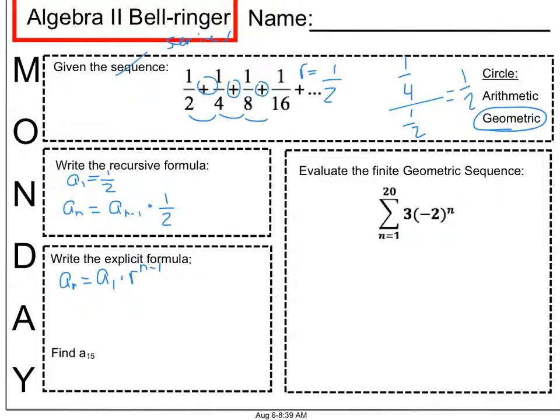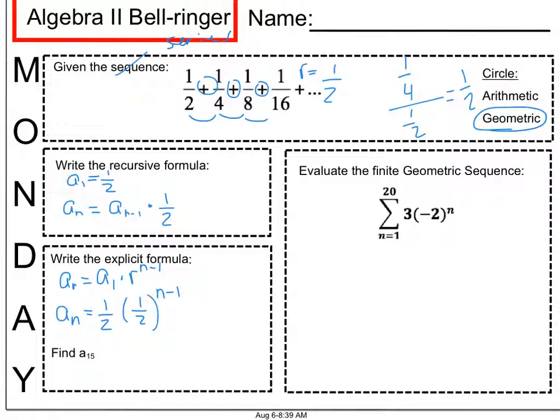So what we need to do to make an explicit formula that's specific to our series is to plug in our values. So we need to plug in our a1 value, which in this case is 1/2, and then our common ratio value also happens to be 1/2 in this case, and we need to raise it to the power of n minus 1.